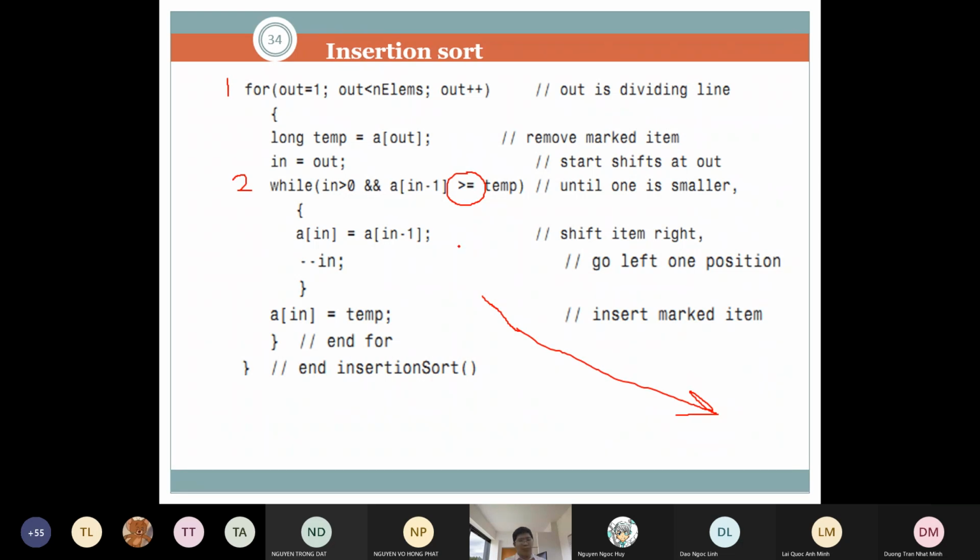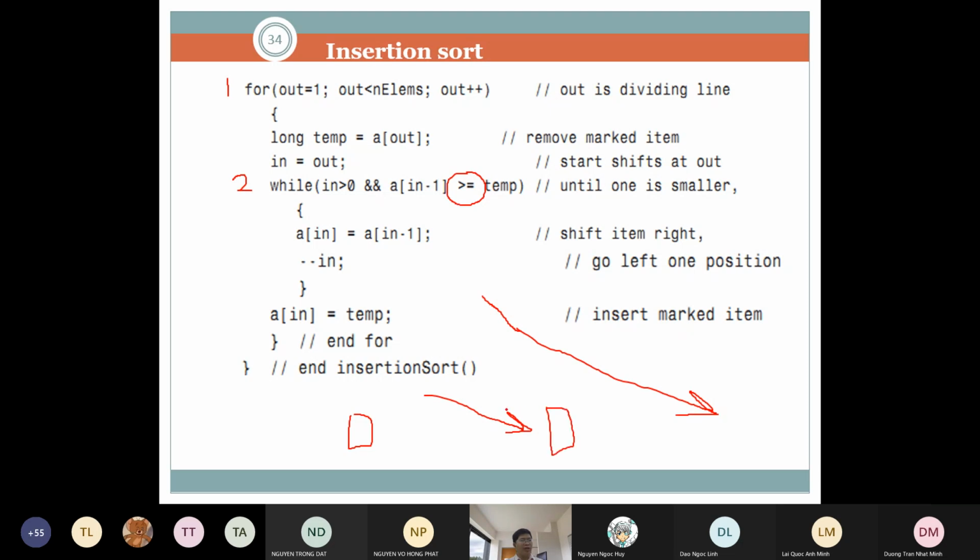What does it mean? It means if we have one element here, and now if the element is smaller than or equal to my element, so let's say it will be in descending order. Now I have my element here.